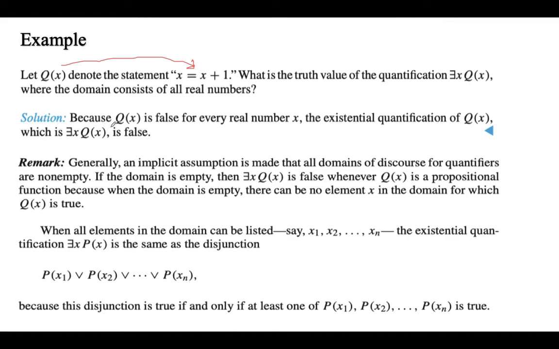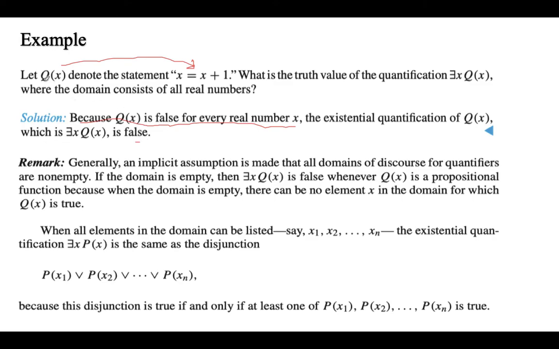The solution is, because Q of x is false for every real number x, the existential quantification "there exists x, Q of x" is false.